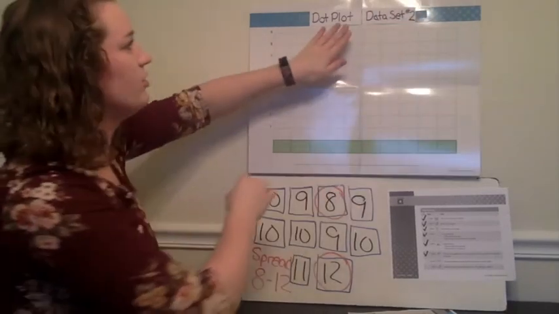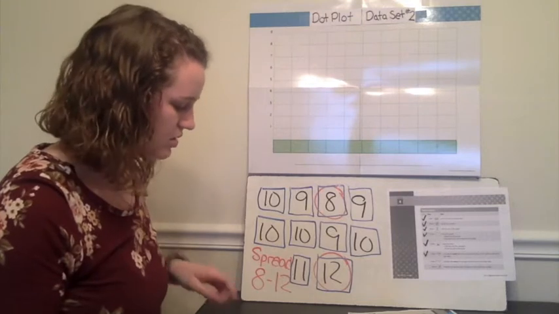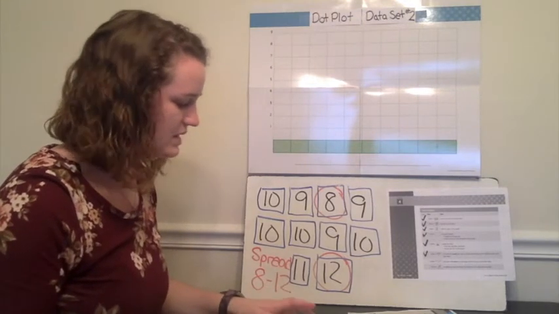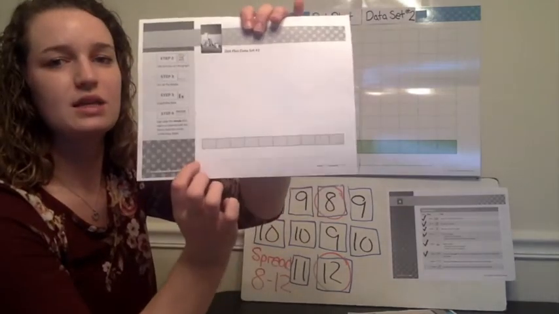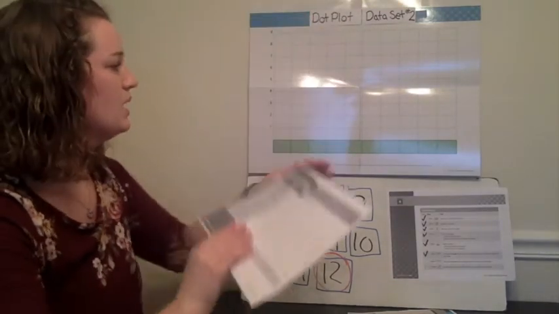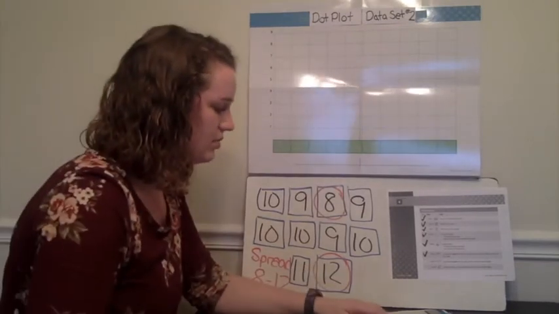Okay, so this is our new dot plot right here for data set number 2. So first we have to title the axis again. So we have our x-axis right at the bottom, and we're going to title that for data set number 2.